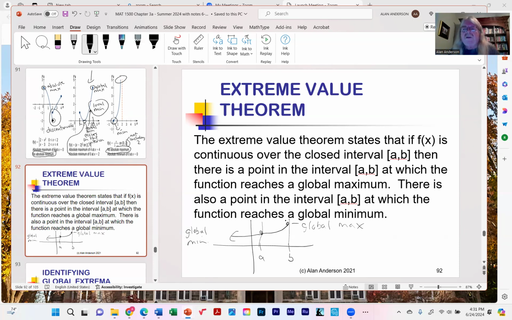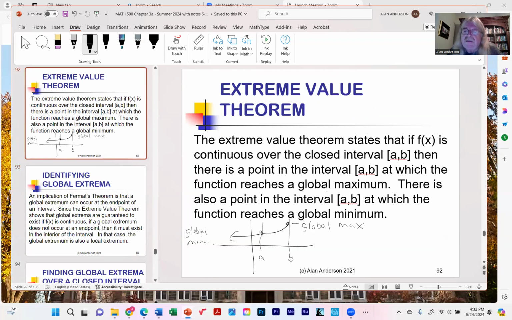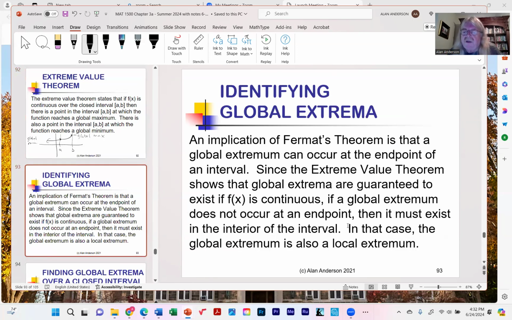All right, notice we're only guaranteed that it's continuous over this interval. So therefore, that is defined as our global maximum and minimum. So in other words, what we're saying is that the endpoints can be the global maxima and minima. Now, that being the case, remember, it did say that the global minimum and maximum must exist. If it's not at the endpoints, it has to be in the interior. There must be one somewhere in there.